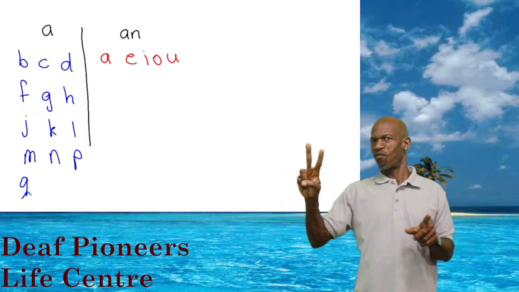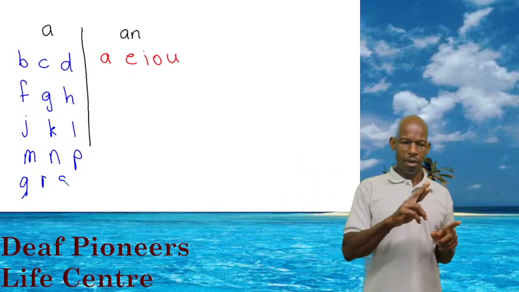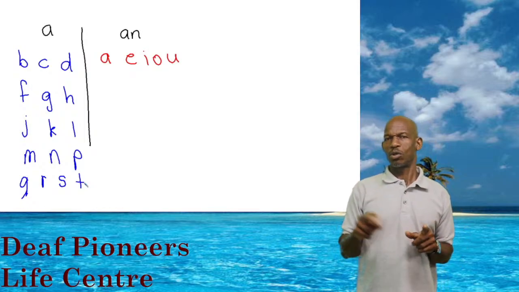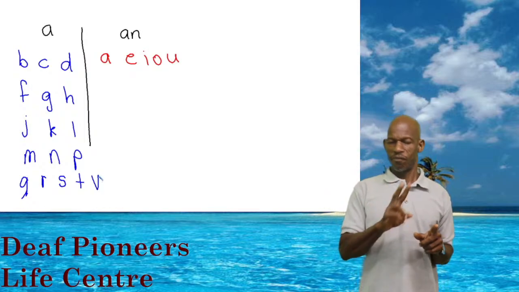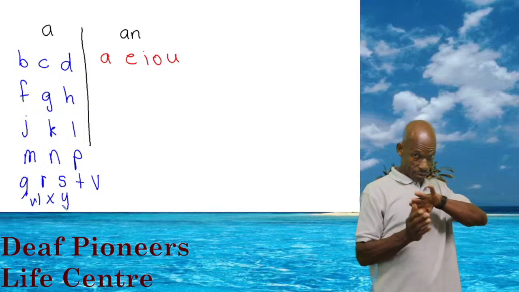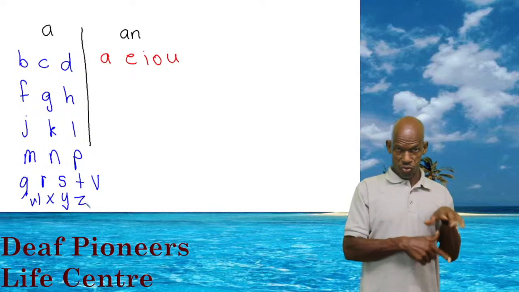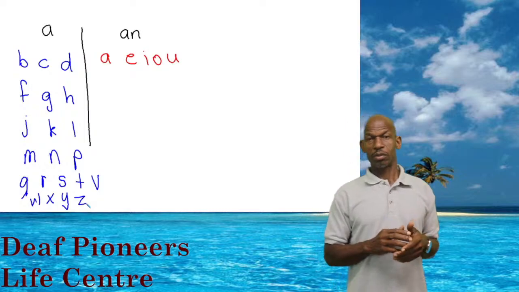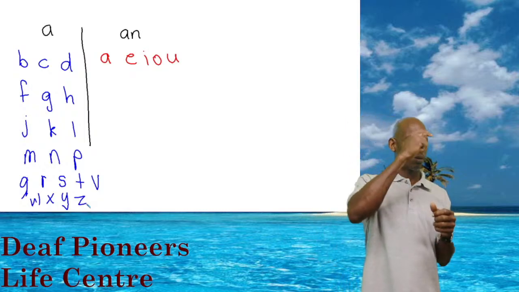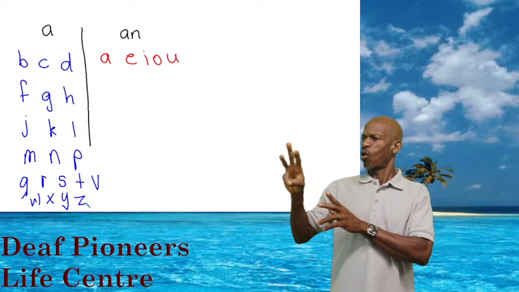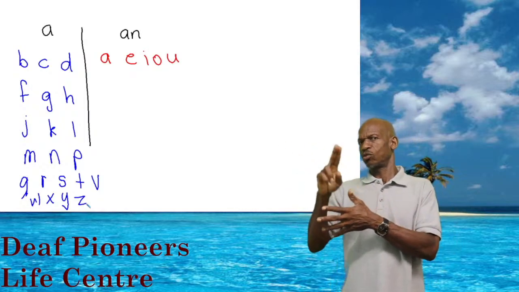Q, R, S, T, not the U, V, W, X, Y, and Z. So all the letters in the alphabet that are not vowels, you use A. But if the word begins with a vowel, you use an. But there are exceptions to the rule.